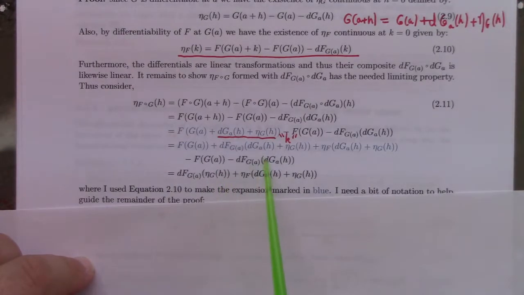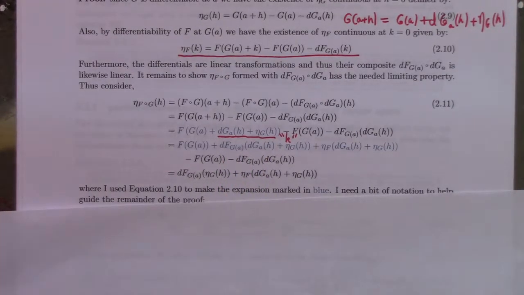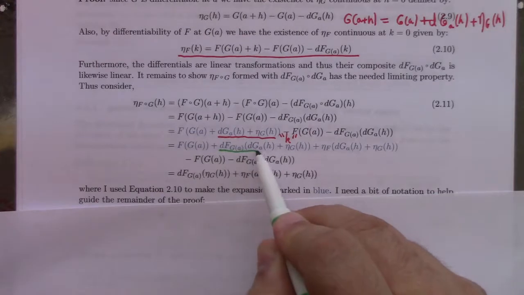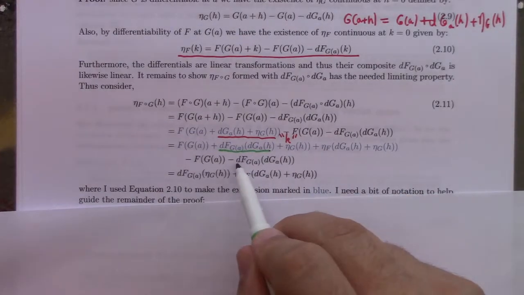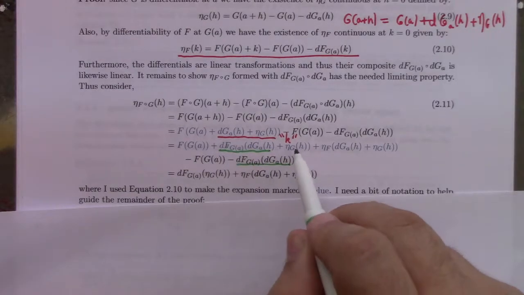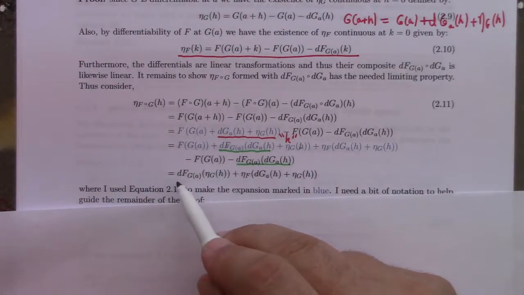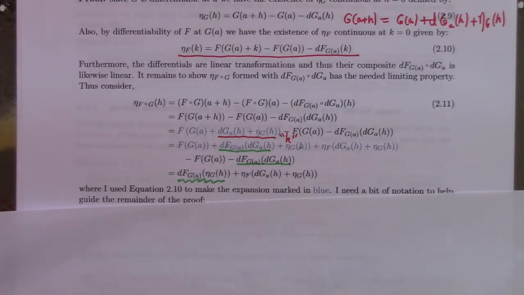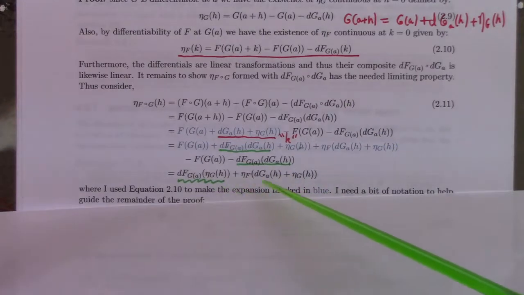Oh, I'm an idiot. Sorry, all this talk of robots got me distracted. Actually, df g of h is linear, right? So this can cancel with that, because this on that plus that is this of that plus this of that. So what's left is just this piece. The other two terms cancel there, and so we're just left with this and that.